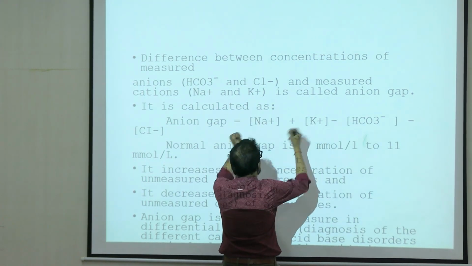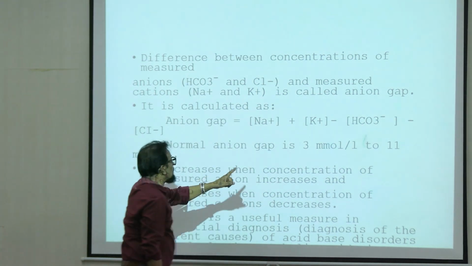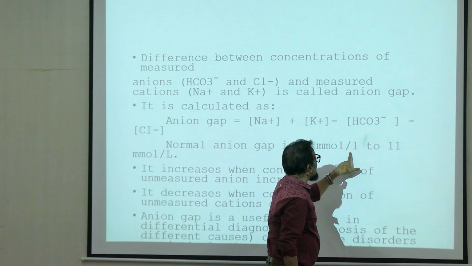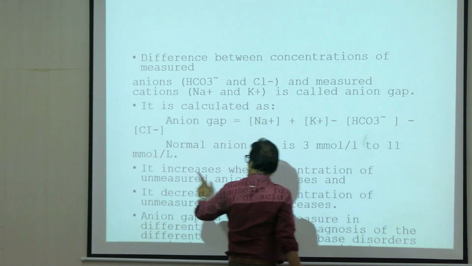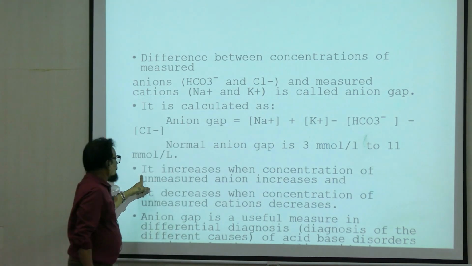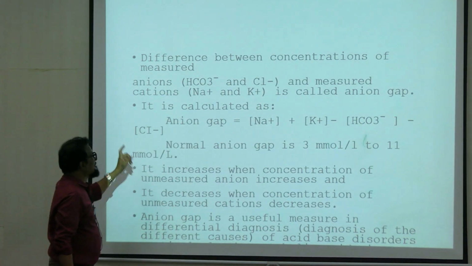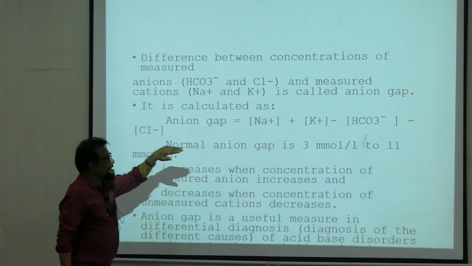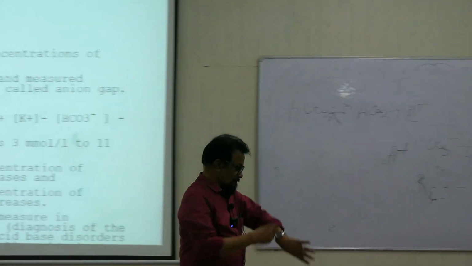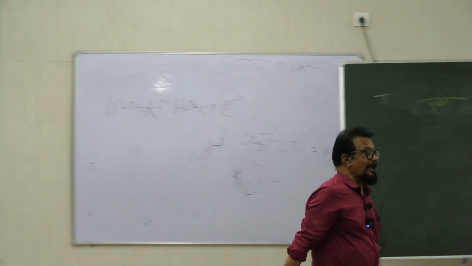Subtract this value from that and you will get a value between 3 millimole per liter and 11 millimole per liter. Now, when it decreases or increases, what does it mean? You have to explain. So this is about Anion Gap.